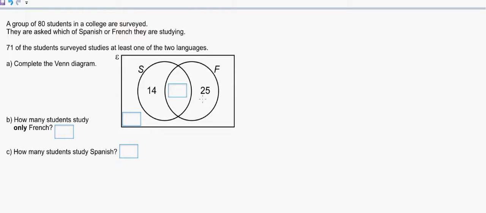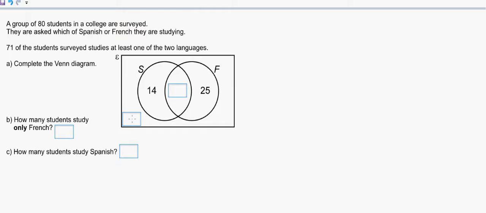We know that 25 are just studying French. We know that 14 are just studying Spanish. We yet don't know how many are studying French and Spanish. Now you'll see a little box out here, and this means people who are not studying Spanish or French. Okay, they're not studying either language.